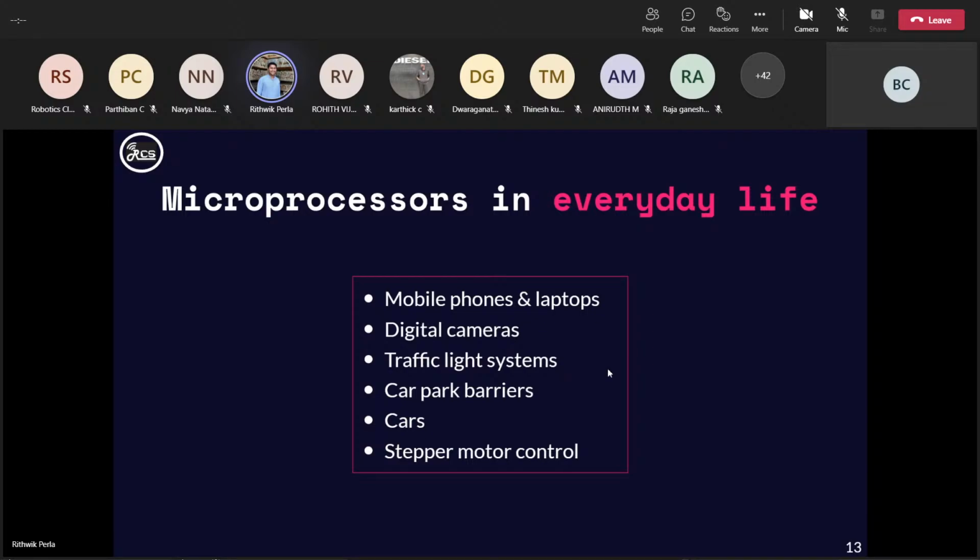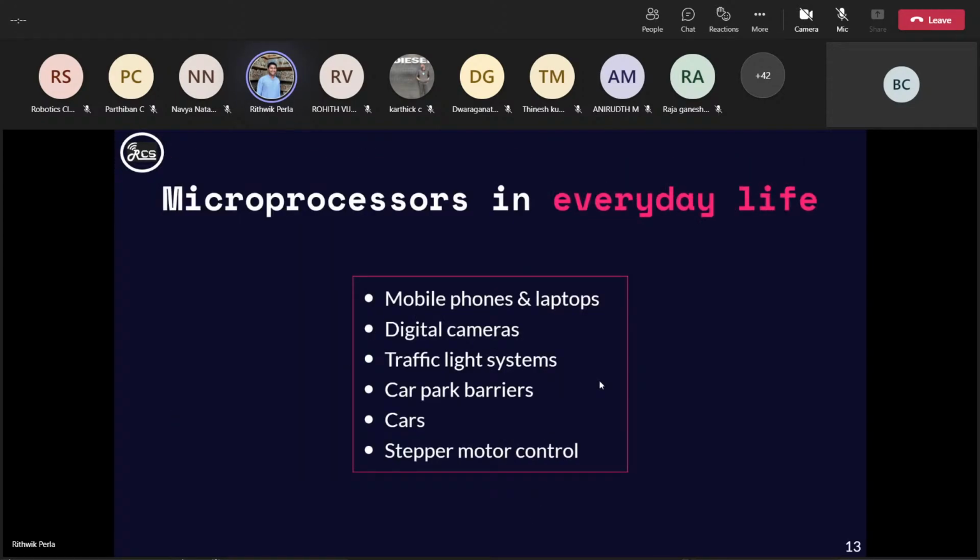Like voice has to be manipulated. The recorded voice will not be the same as what you spoke. So noise suppression, all that processing takes place in the microprocessor of a camera. So that's why microprocessors are used in digital cameras: digital signal processing, image processing, video processing, all that will be done in the microprocessor of a camera.